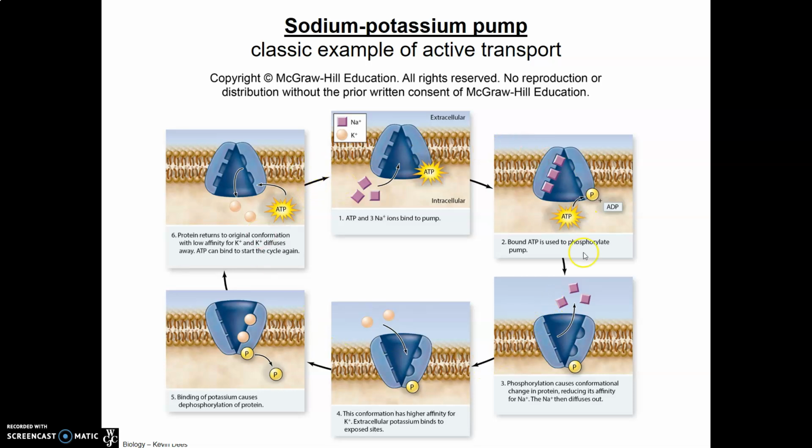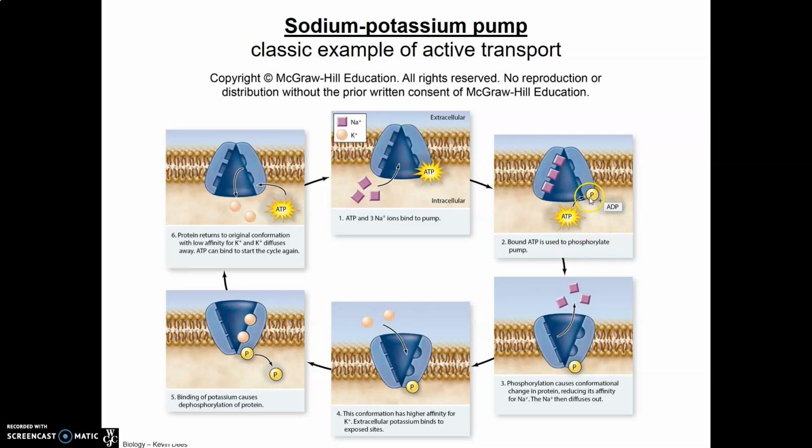You need to make sure you understand this mechanism of the sodium-potassium pump. Learn it as a mechanism, a step-by-step process, and everything should be just fine. The key point to remember is that it requires ATP, and the reason ATP is required is because we have to phosphorylate our pump.